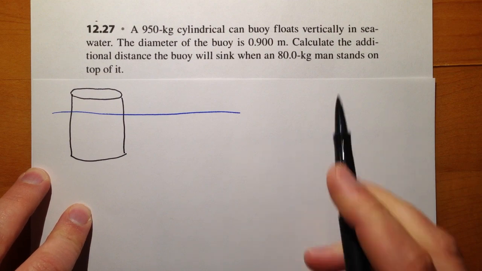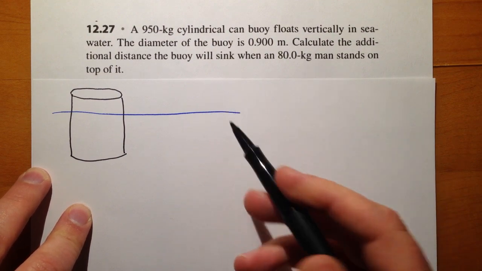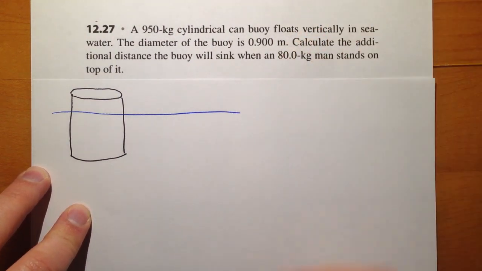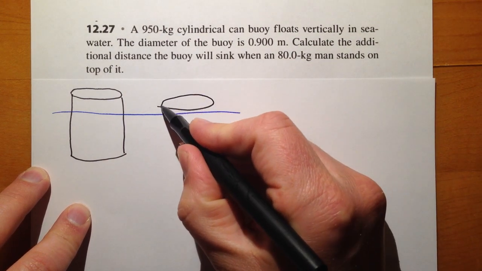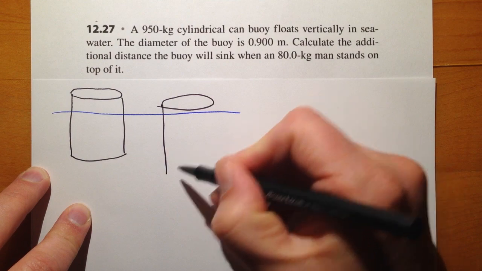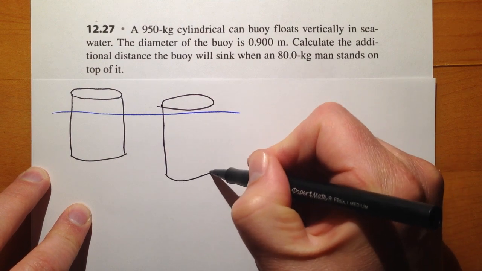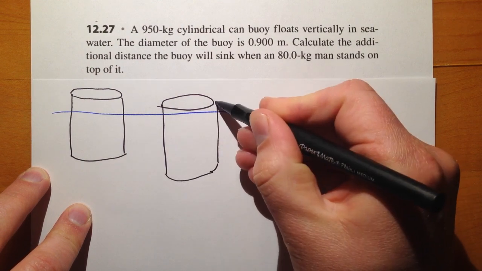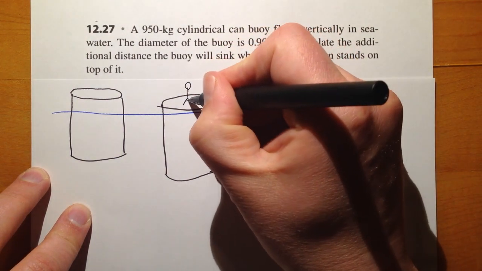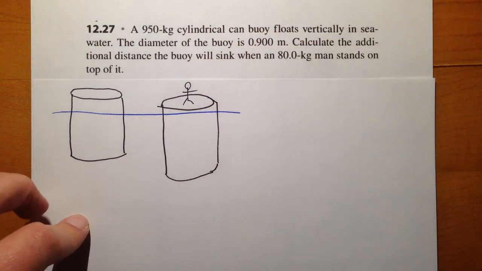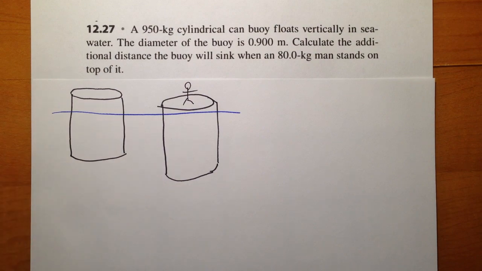Then it tells me that somebody stands on top of this buoy, and when it does so, the buoy sinks more. So let's see what happens when this person gets on top of the buoy. Here's the person standing on top of that. That's kind of a diagram of what's going on.